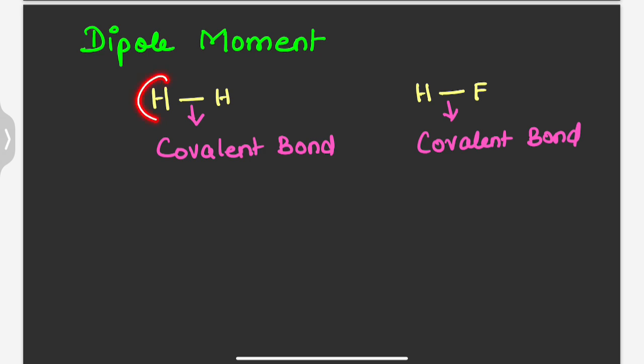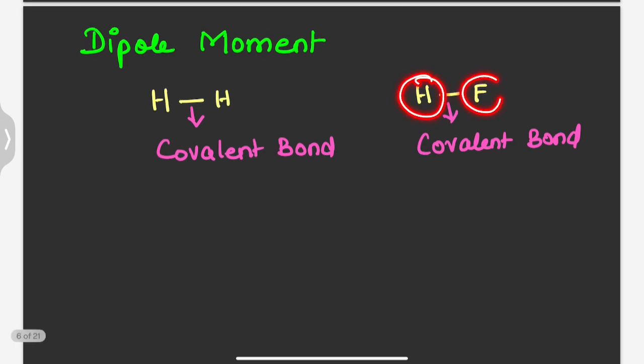Here, since both are hydrogen atoms, electronegativity will be the same, so there is no charge separation between them. Whereas here, hydrogen and fluorine, if you compare, fluorine is more electronegative than hydrogen. As a result, these electrons will be attracted more towards fluorine.